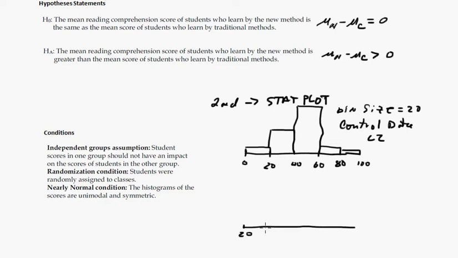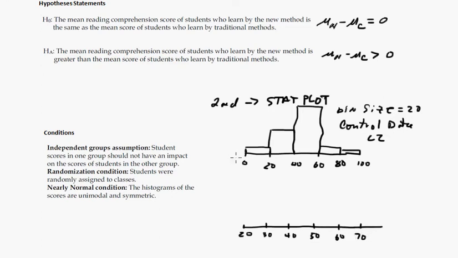Okay, and then I hit this. So you should have something, if you start at 20 and go by 10s: 30, 40, 50, 60, 70.